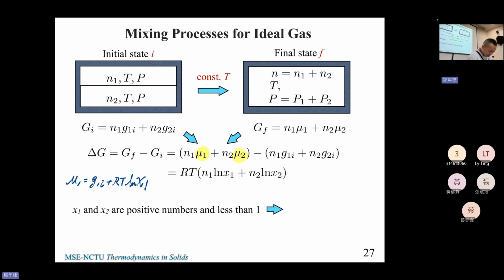So we substitute mu1, and we notice that the thing left is RT times N1 natural log X1 plus N2 natural log X2.